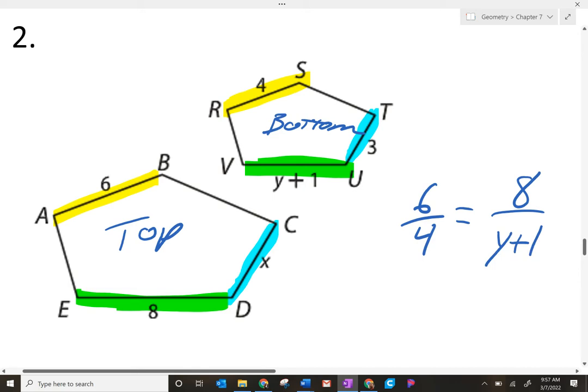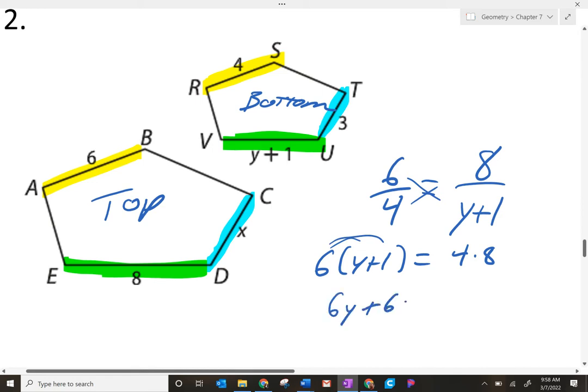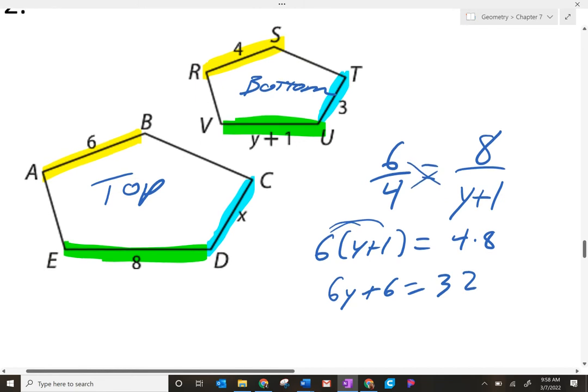Now it just turns into a cross multiply. I've got that 6 times the quantity of y plus 1, 4 times 8. Again, I'm going to do these ones together and then those ones together. This needs to get distributed to everything. So I get 6y plus 6 equals 32. Subtract 6 from both sides.